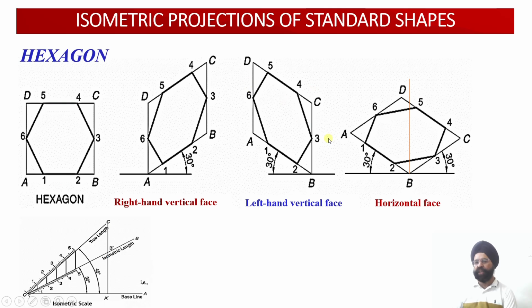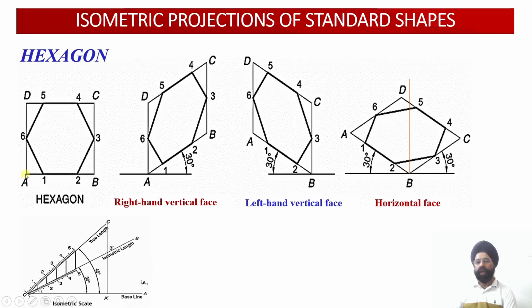And once we mark these points, once again, A to 1, B to 2, C to 4 and D to 5. Even though these are 4 different points, the distances A1, 2B, 4C and D5 will all be equal.